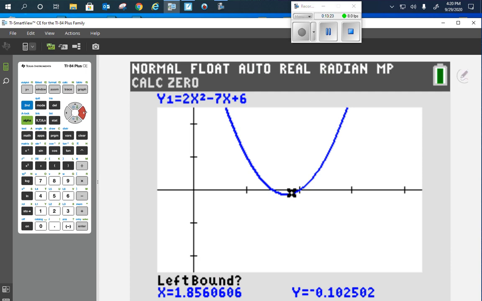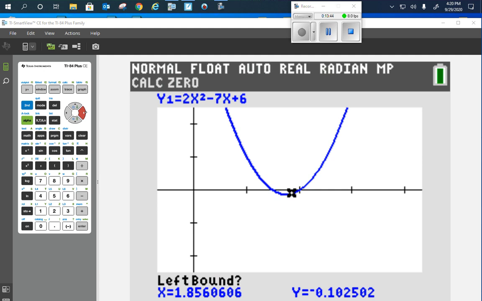If I'm going to be to the left following this graph, I'm going to be below the x-axis. My right bound is going to be above the x-axis. Okay, so keep that in mind. To be to the left, I'm pretty good right there being to the left.